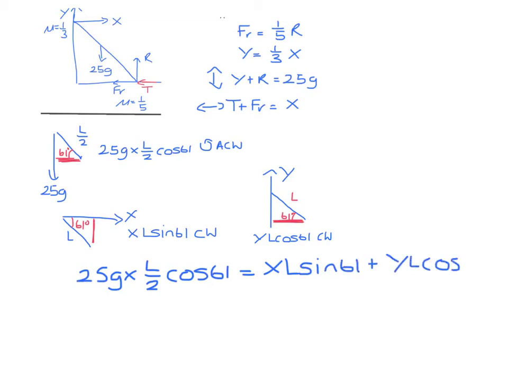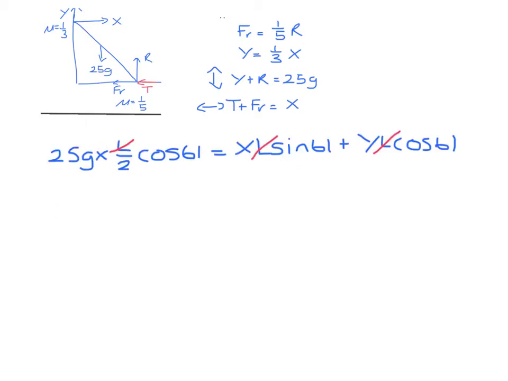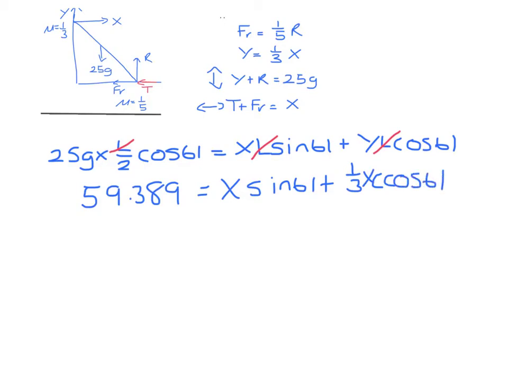The first thing I can do is L appears in every term, so I can delete the L's. If I go back to the original equations, Y is 1/3 X, so I'm going to replace Y and evaluate 25g times a half cos 61, which gives us 59.389 has to equal X sine 61 plus 1/3 of X cos 61.